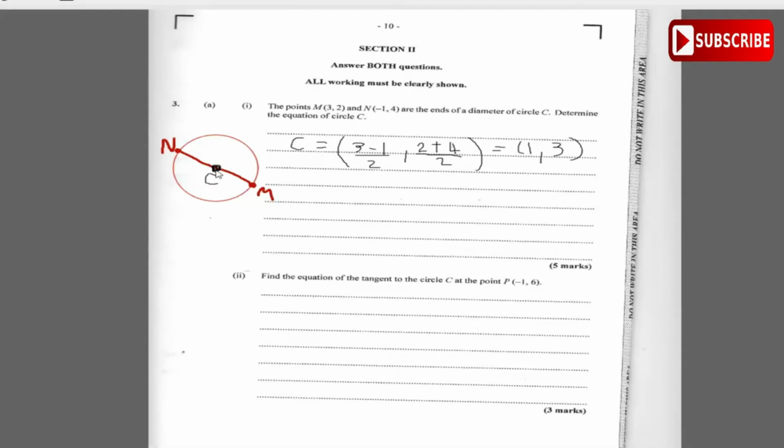Now we find the radius. The radius is going to be the distance NC or the distance CM. Because I like working with positive numbers, I'll find the distance CM. That's the length of the radius r.